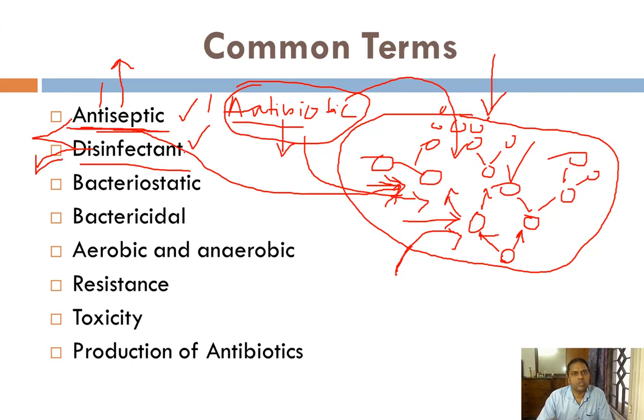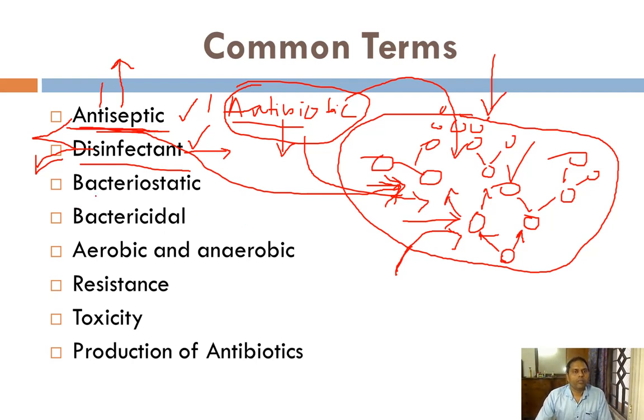They are used only on objects or surfaces. Suppose you want to clean some object or some surface, or even the bathroom. You can use that on the object, on the surfaces. But antiseptics can be used on our body.